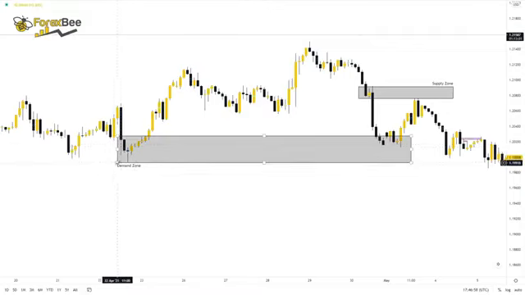This is not as strong as this supply zone because there are a number of candles in between two big candles. If we look into this zone and go into smaller time frames, we can spot big demand zones there, but in smaller time frames.